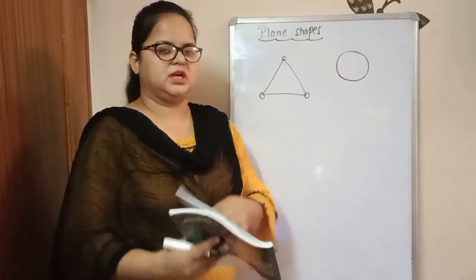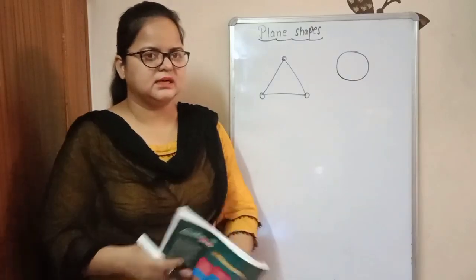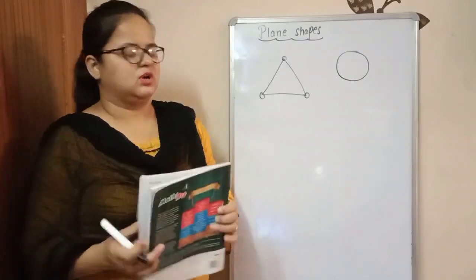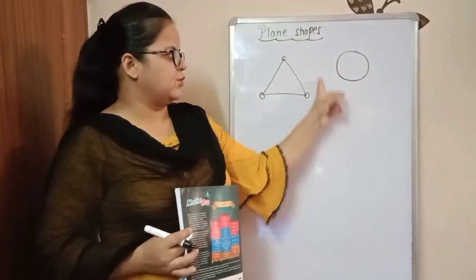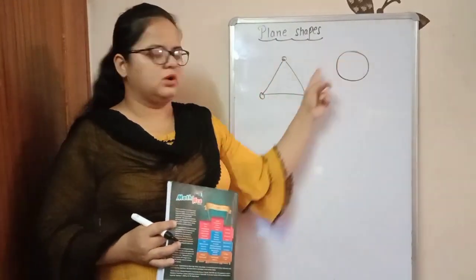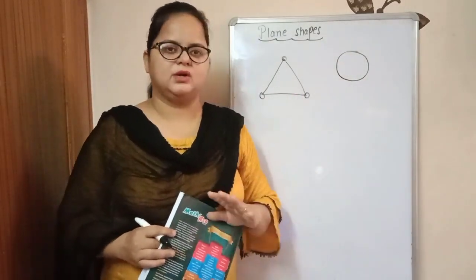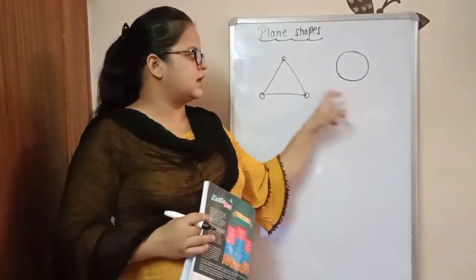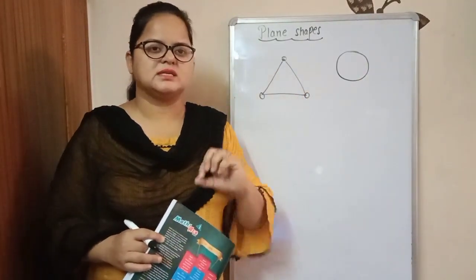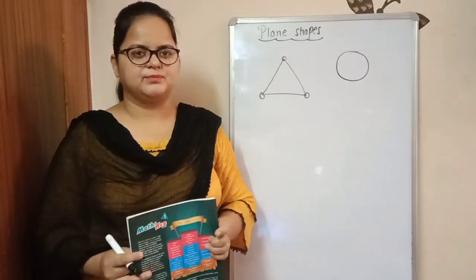Circle जो है वो shape में क्या होता है? Round. Round है circle and it has no side, no corner. Circle की कोई भी side नहीं होती and नहीं कोई corner है. It is round in shape. ये shape में गोल होता है, round होता है. इसकी कोई भी side and corner नहीं है.